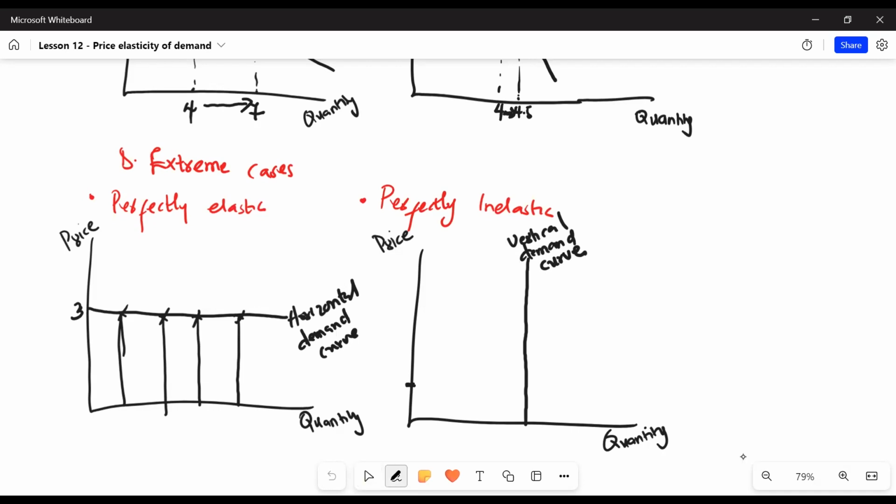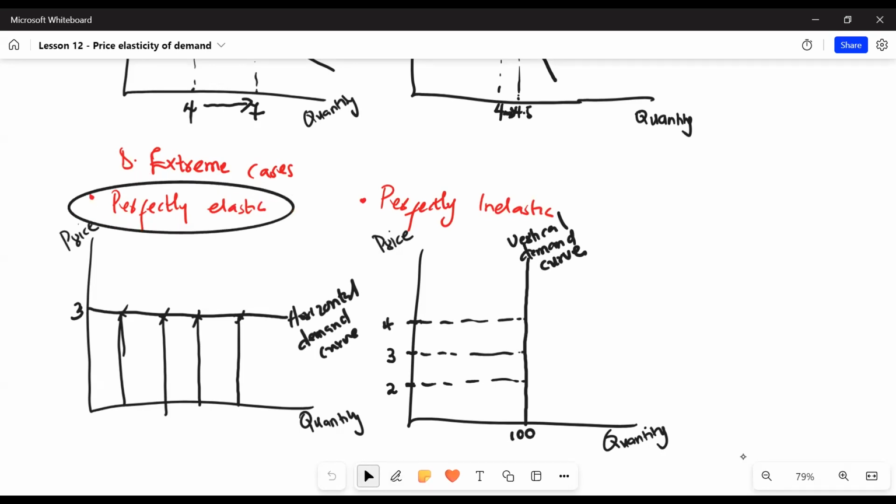At any price, if price were to be 2, quantity demanded will be, let's say for example, 100. If price increased to 3, quantity demanded is still 100. If price increased to 4, quantity demanded still remains 100. No matter the change in price, quantity demanded remains unchanged. Versus perfectly elastic, where any change in price will lead to an infinite change in quantity demanded.